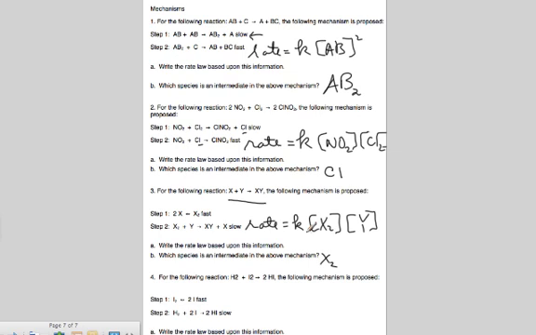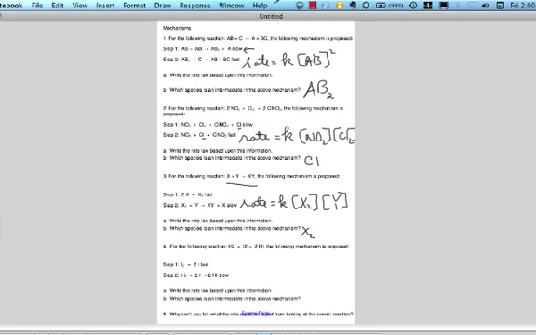2x. Okay, well 2x is the same thing as x and x, so this is going to be rewritten as x squared, okay, because I'd be using the coefficient as an exponent, okay.